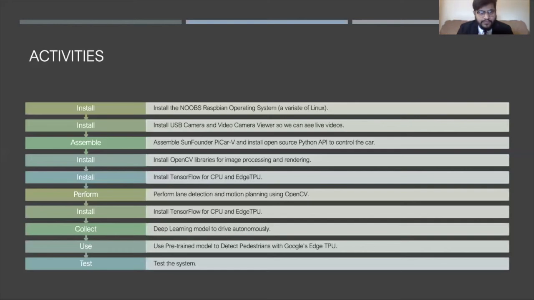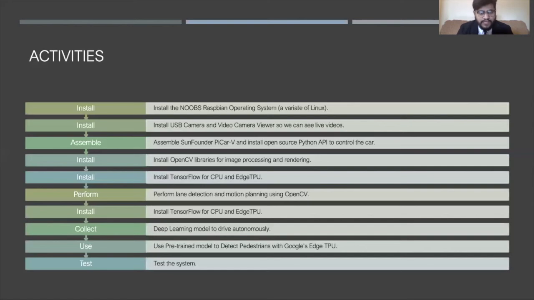Moving forward, once everything is done, you'll have to install the OpenCV libraries for the processing of the images. OpenCV also has its own challenges. I've mentioned those challenges and how to overcome them in the report in detail.